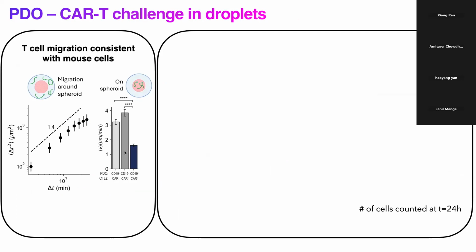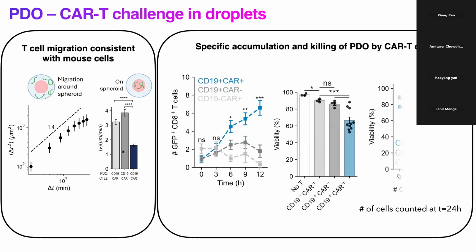What this means is that when the T cells reach the spheroid, they stop moving and they start actually interacting with the cancer cells. Then we can do all of the controls that show us that the interactions are very specific. You do have T cells killing cancer cells when it's not specific because T cells are cytotoxic. But when you put the CD19 molecule, you get a much stronger response.